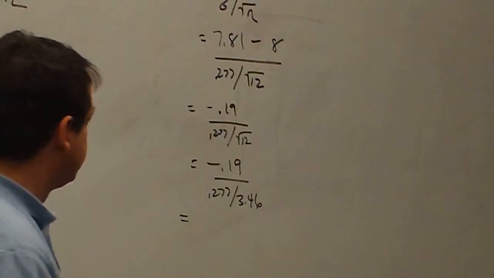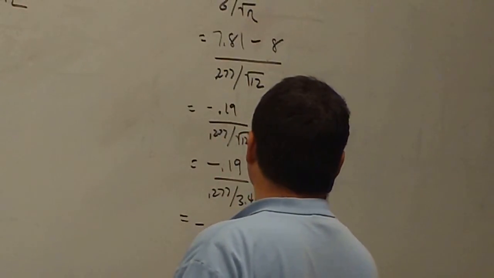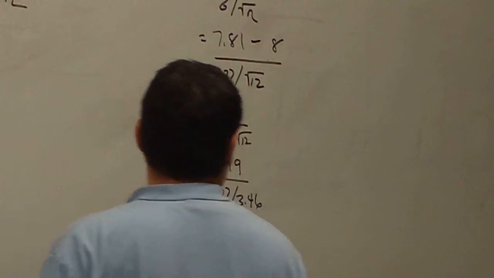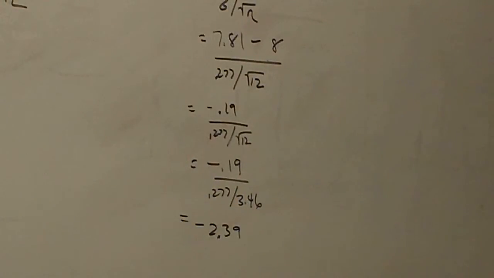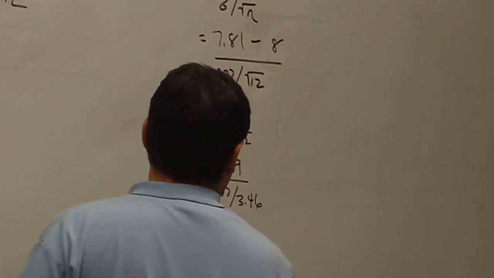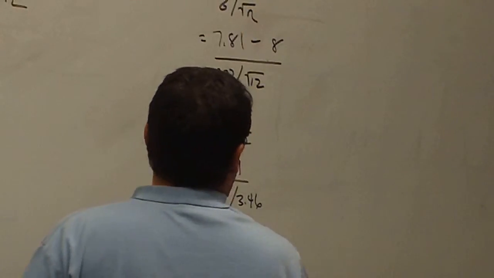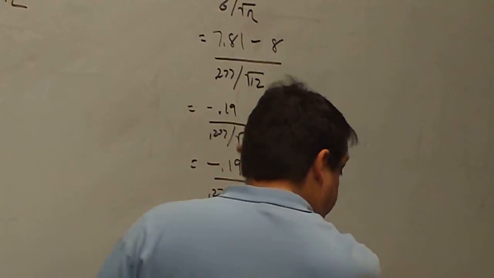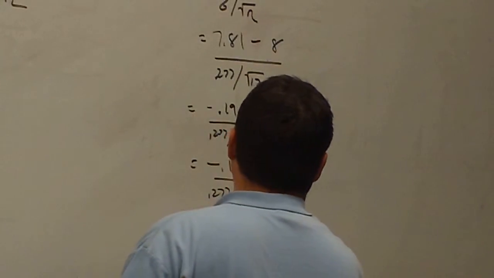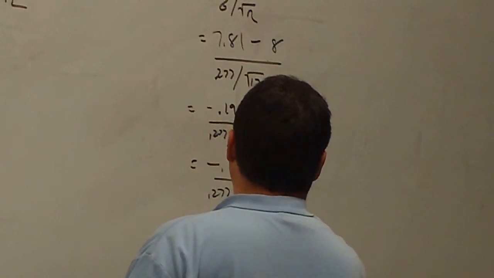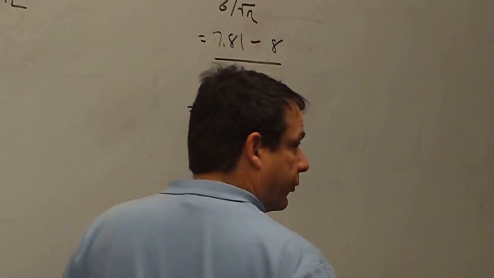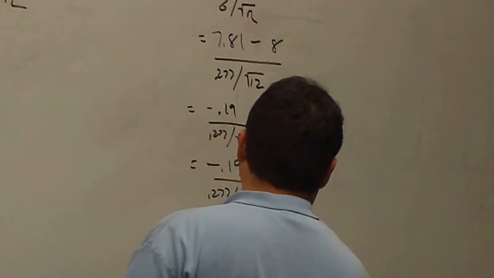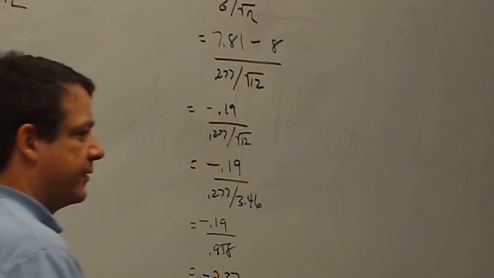Negative 2 something? Negative 2.37? What's 0.277 divided by 3.46?